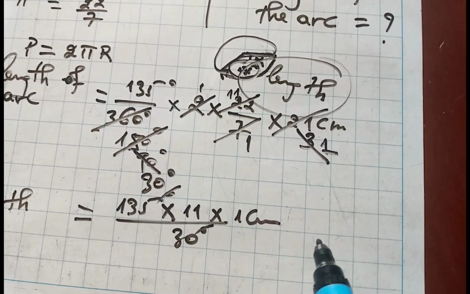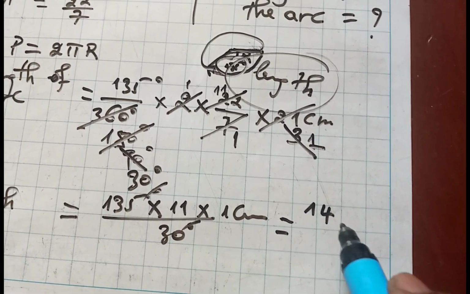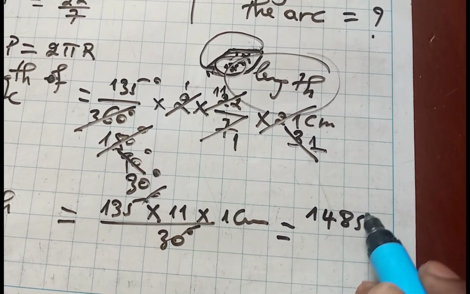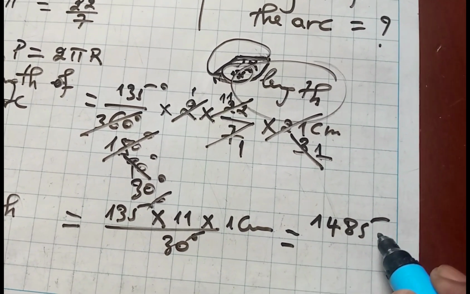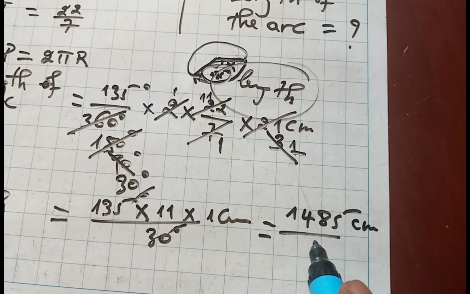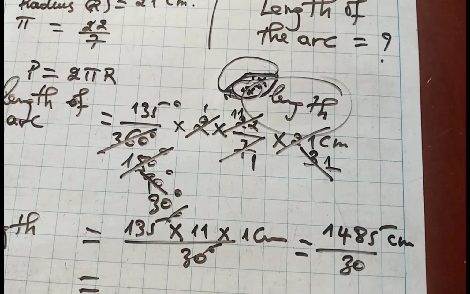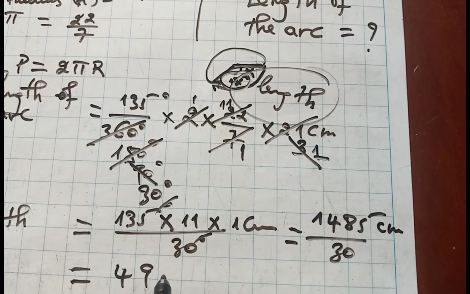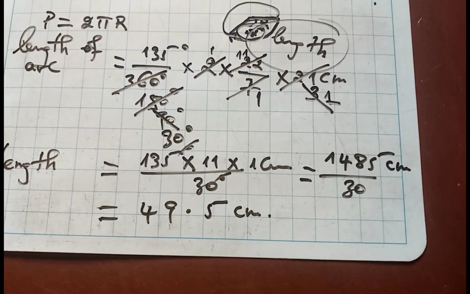Then 135 times 11 by using the calculator is equal to 1485. Then times the 1, which is this one now, centimeter, needs to divide by 30. So this one will be equal to 49.5 centimeter.